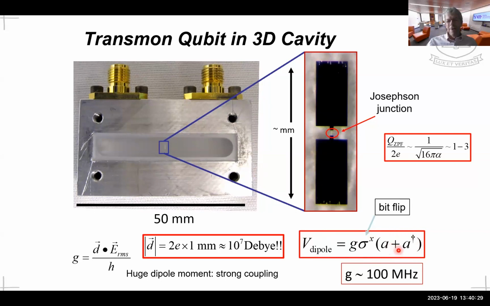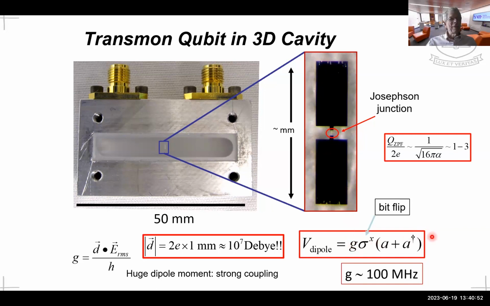Here's the coordinate of the electromagnetic mode, the electric field in the cavity. Here's the Pauli matrix representing the transitions between the ground and excited state of this approximately 2-level system, this anharmonic system. And that's the coupling g.